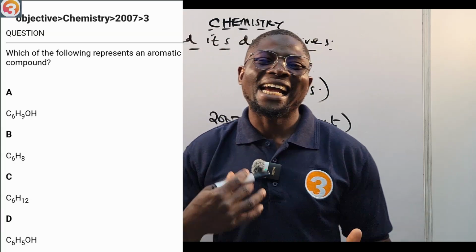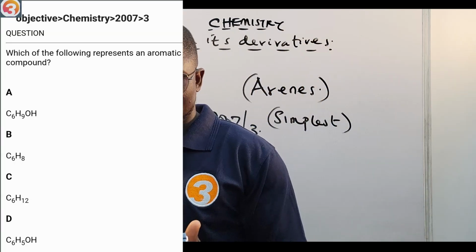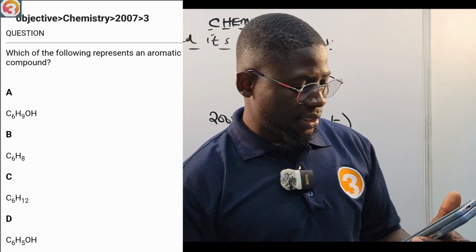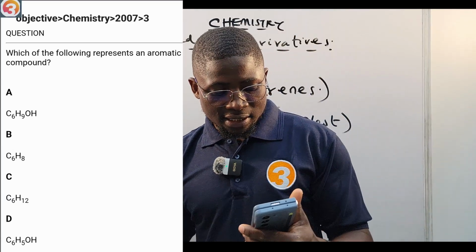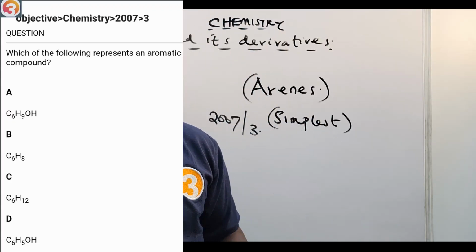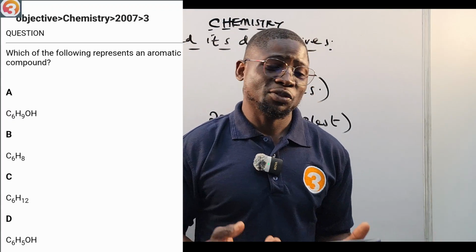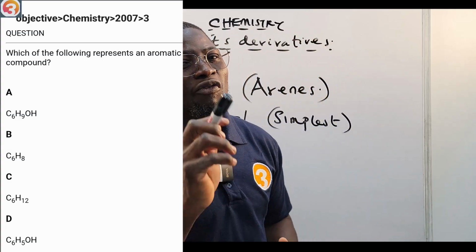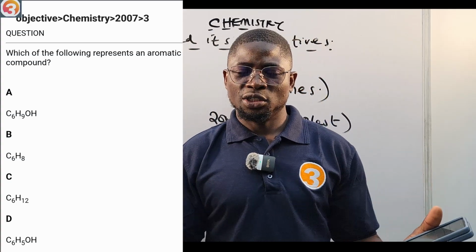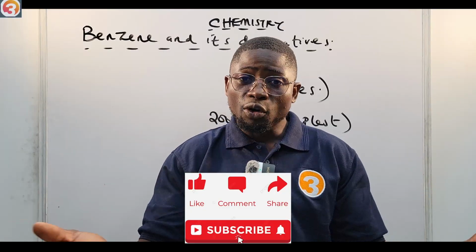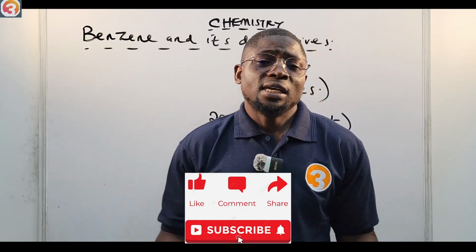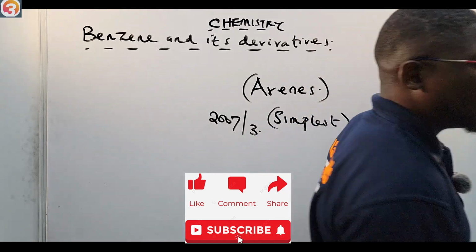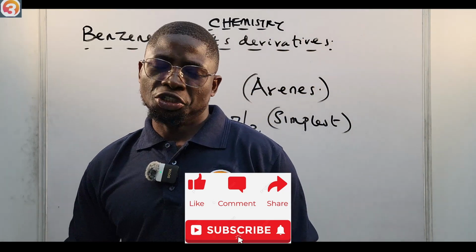Option A says C₆H₆OH, C₆H₆C, C₆H₆D, C₆H₆OH. At the end of the class, you will already know the answer to this question, but we'll come back to it at the end of the class and not before, because we want to give you value first before you start answering questions. You must understand why something is something before you try attacking it. So please listen to the class and do not go anywhere. At the end of the class, we'll answer that question and many more from this wonderful application.